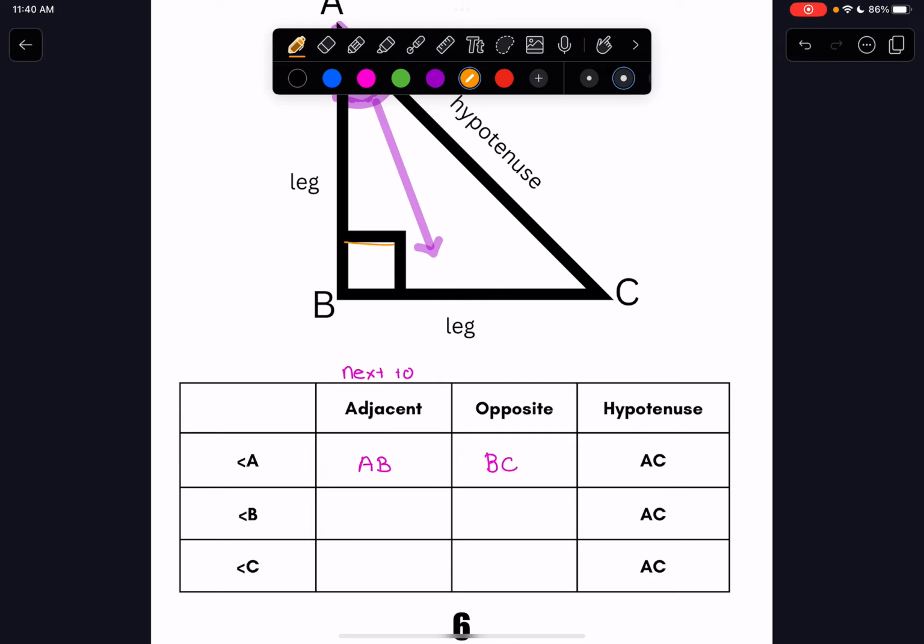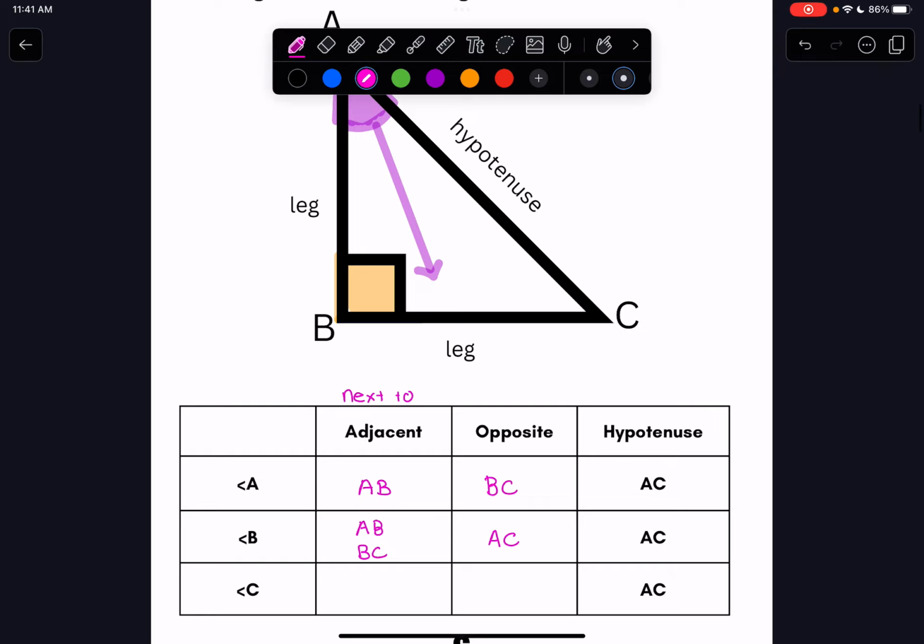Now if we look at angle B, in this case we have two adjacent sides that are not the hypotenuse, so we have both AB and BC, and opposite is the hypotenuse.